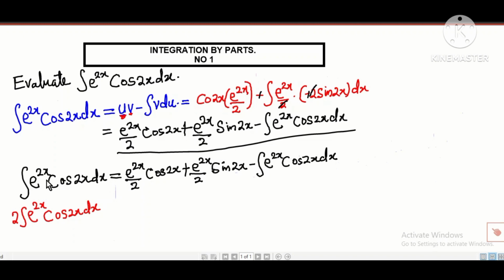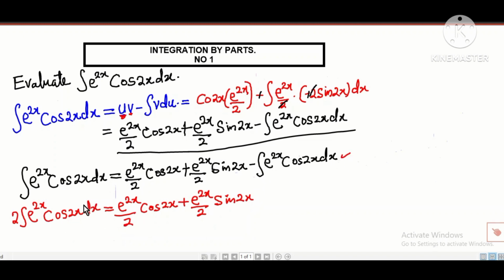So it becomes 2 of the integral of e to the power 2x cos 2x dx, and this is going to be equal to e to the power 2x over 2 cos 2x plus e to the power 2x over 2 sine 2x. This has gone out already, so this is out.